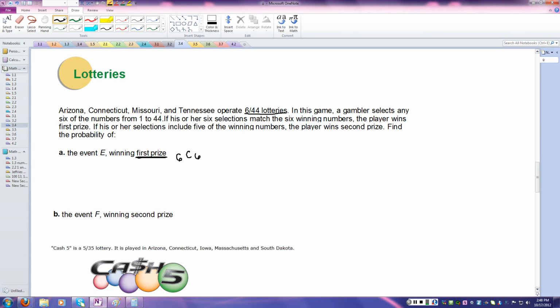I need to pick all 6 of them to win first prize over the 44 numbers choosing 6 of them. So 6 choose 6 is 1, over 44 choose 6, which would be 44 factorial, over 44 minus 6 factorial times 6 factorial.